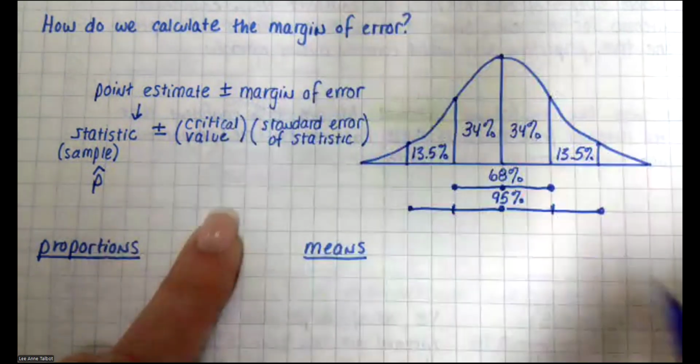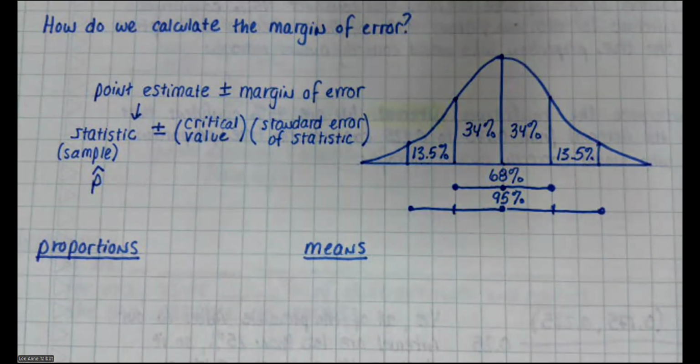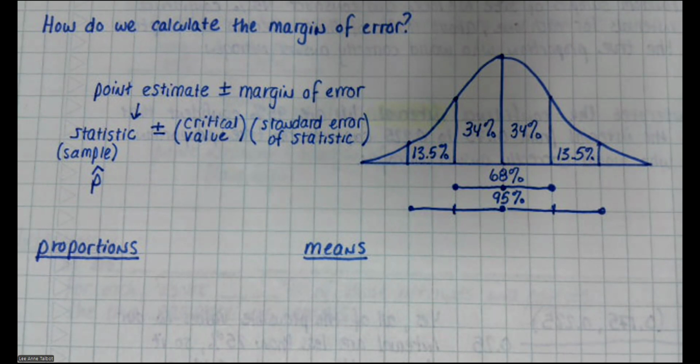And the critical value. Critical value is very important. So look back here at the poster. Man, what a good purchase. These are the critical values. So this is saying out 1 jump, out 2 jumps, out 3 jumps. Here's the 1 jump, that was 68%. Out 2 jumps, which is 95%. What are these guys called? Those are z-scores.